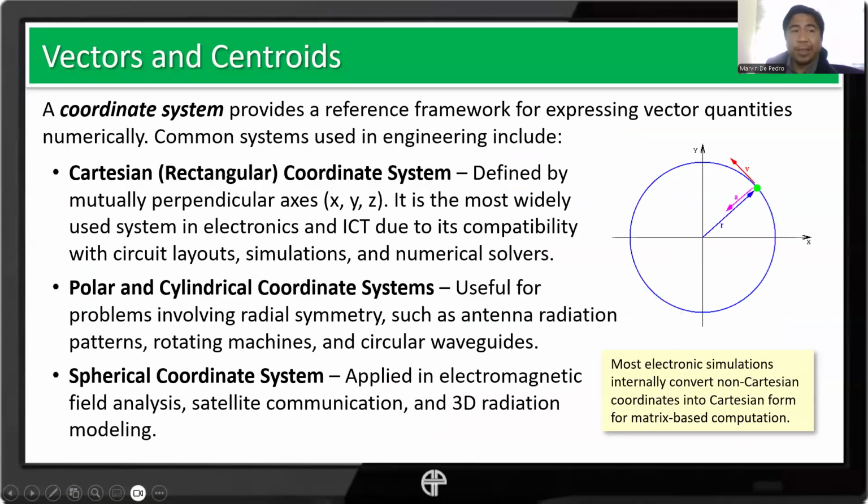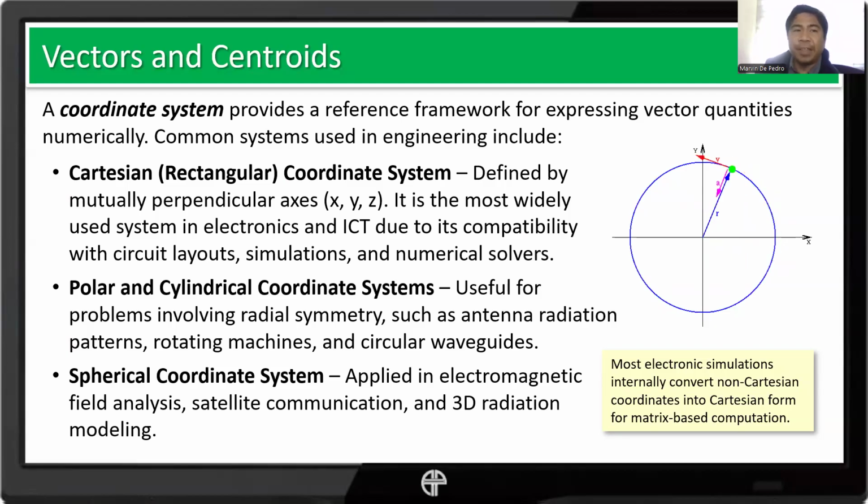Now, we were mentioning the coordinate system. Take note that there are different types of coordinate systems, and a coordinate system basically provides a reference framework for expressing vector quantities numerically. The common systems that we use, especially in engineering, are, number one, the Cartesian or rectangular coordinate system, or the XYZ coordinate system.